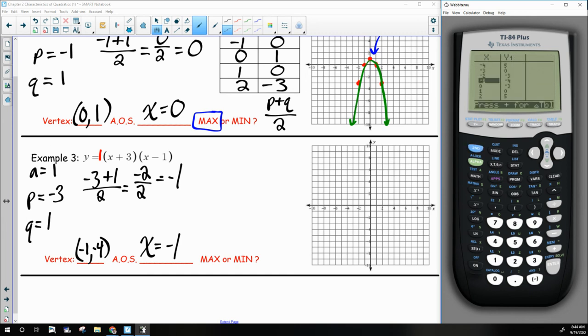Okay, I don't have a table. I need a table, so create a table. If you guys need to step out, you're more than welcome. Okay, put your vertex right in the center. -1, -4. Okay.